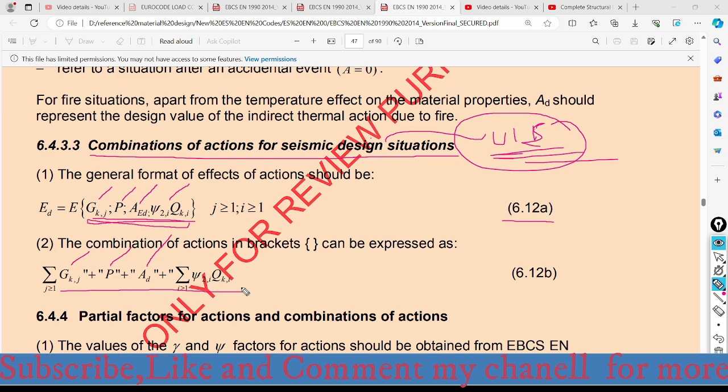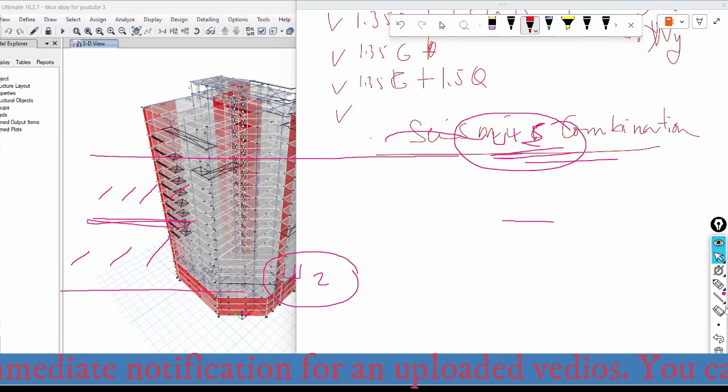That means the reduced variable loads. Here psi 2, the live load reduction factor, will be considered during the preparation of the ultimate load combination for seismic situations.